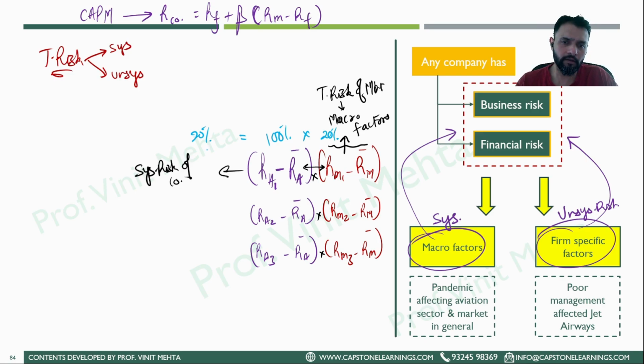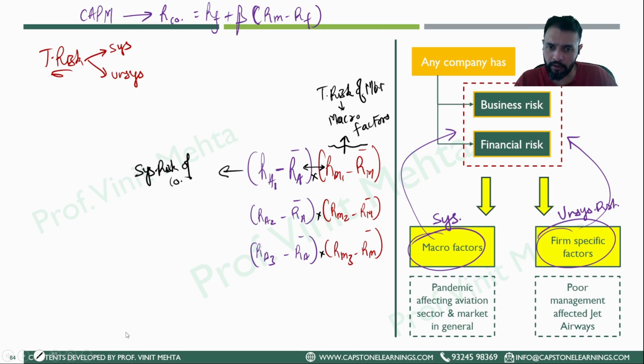Now do you agree that I should multiply that? Now here's the thing. I want to extract the systematic risk of the company, and I have so many years of data. How do I summarize that data? Very simple.